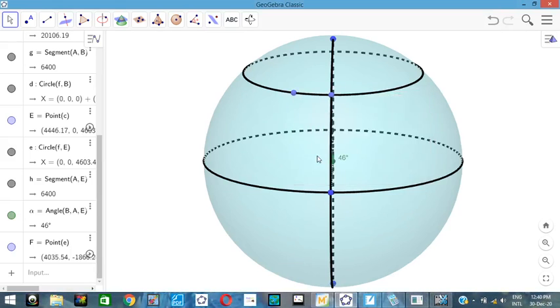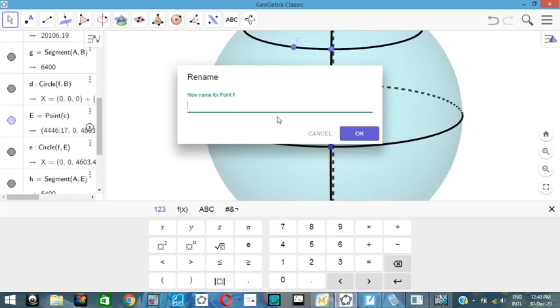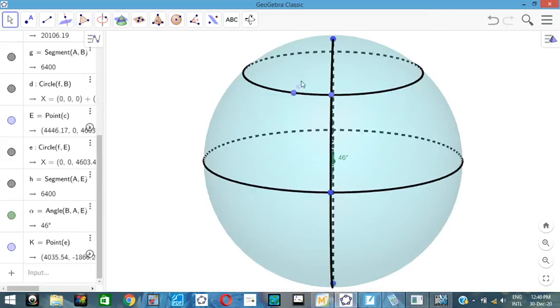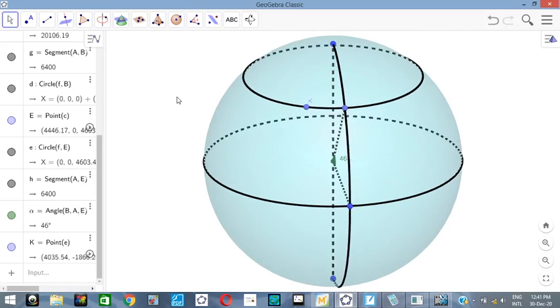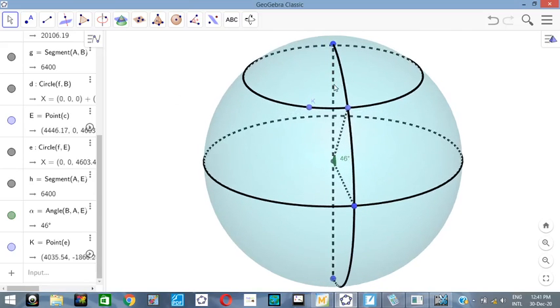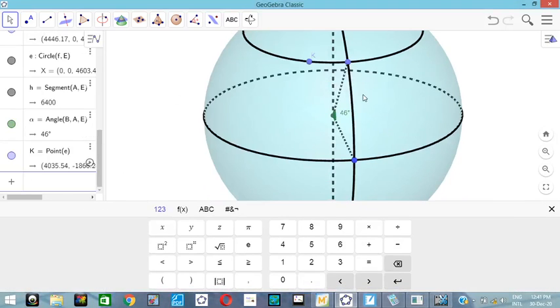Let me rename it as point K. Yes, that is point K. So you can see it, point K. Alright, so I need to get my radius to the center of this axis. So how do I do that? Let me create a point at the center here. We need a point there, and this point is going to be 0, 0. Then it's on the Z axis.